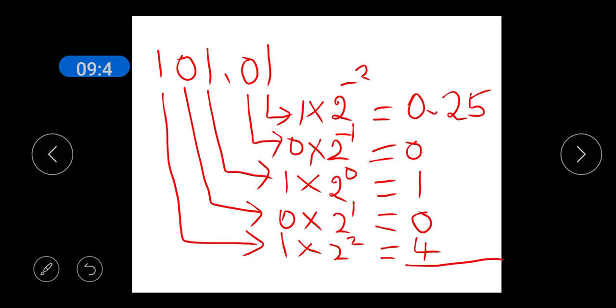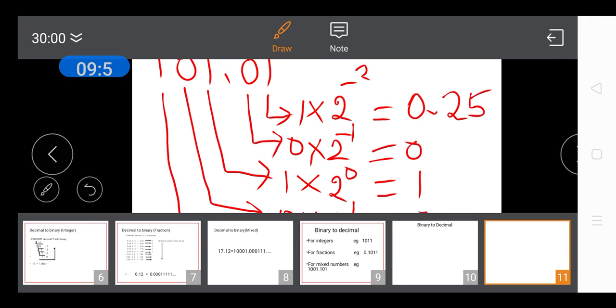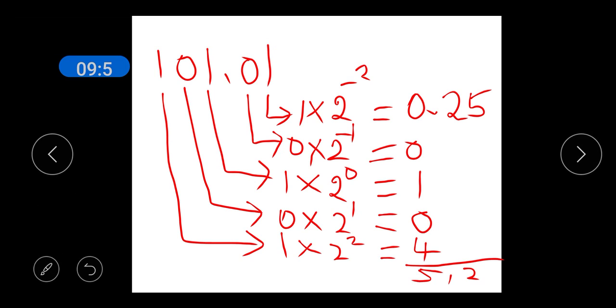So when you add all these values, you will be getting 5.25. So 101.01 is nothing but 5.25. So in order to convert binary number into decimal number, you have to multiply each bit by its weight and add all those values.